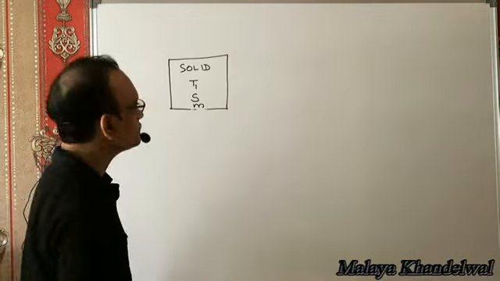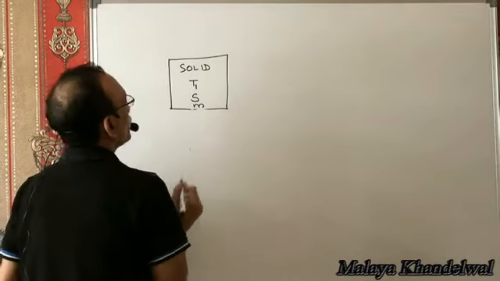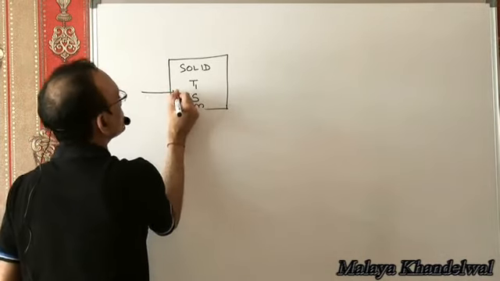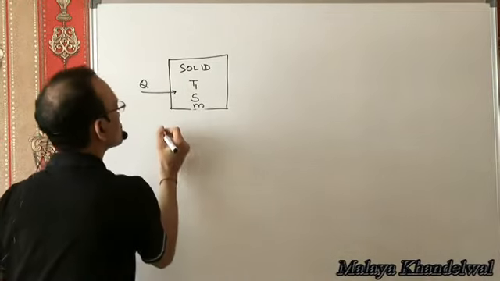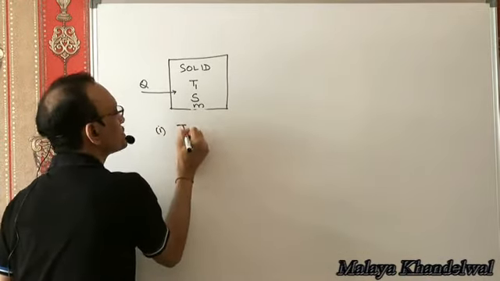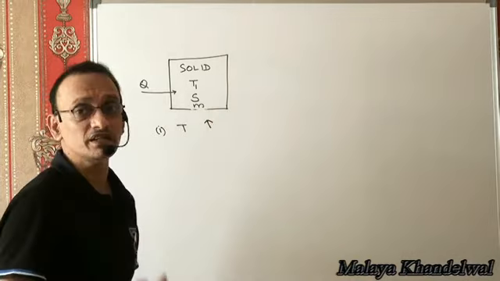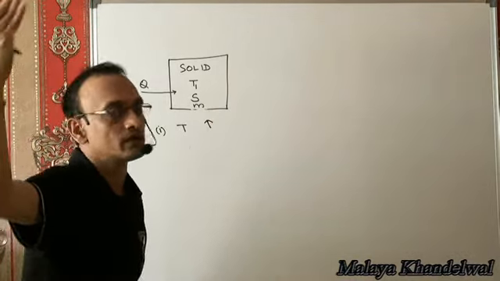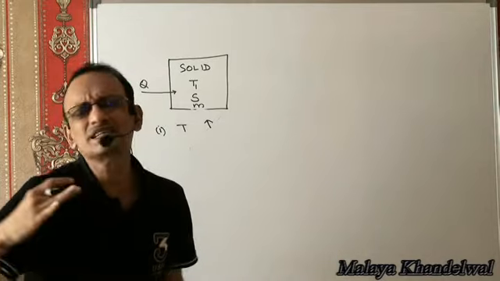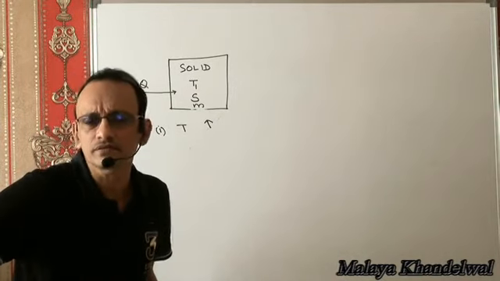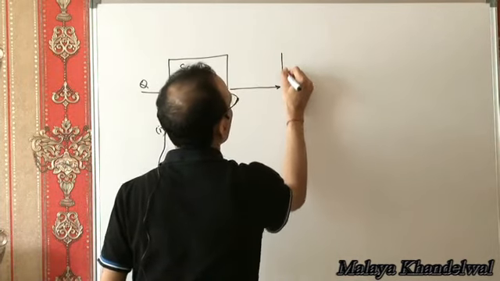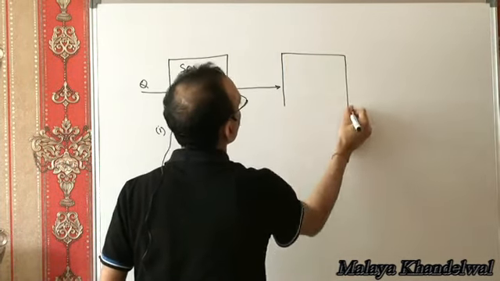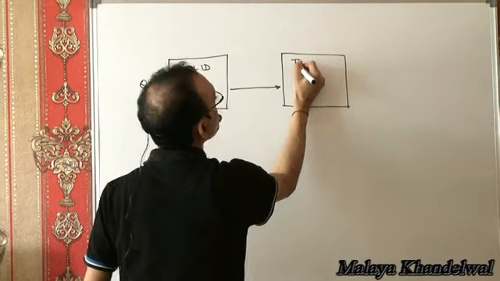Now, when I keep supplying heat to it, the temperature initially rises. So the first thing that happens is temperature rises, right? Temperature becomes more than T1. But will the temperature keep rising forever? No. After a while, as you keep supplying more and more heat, it gets into a state where temperature remains constant for a while.